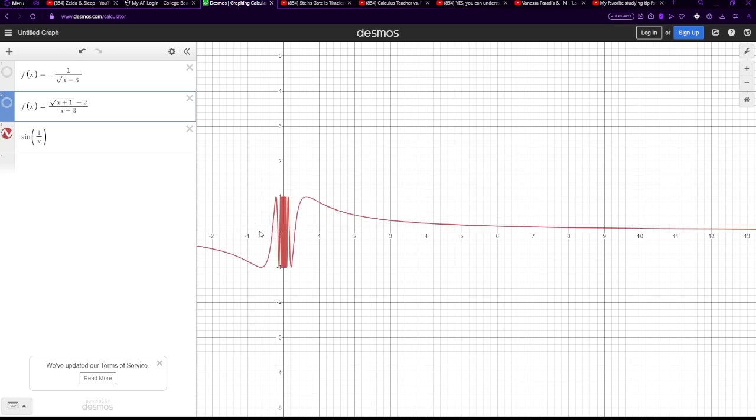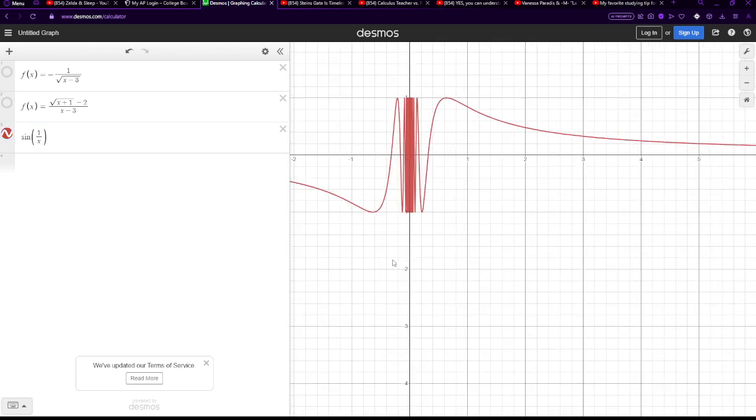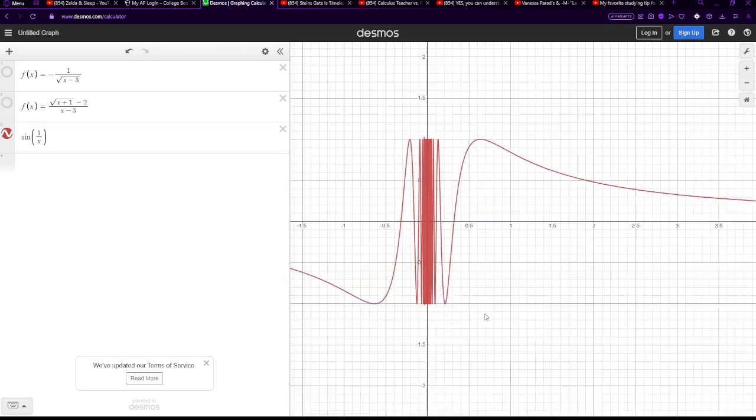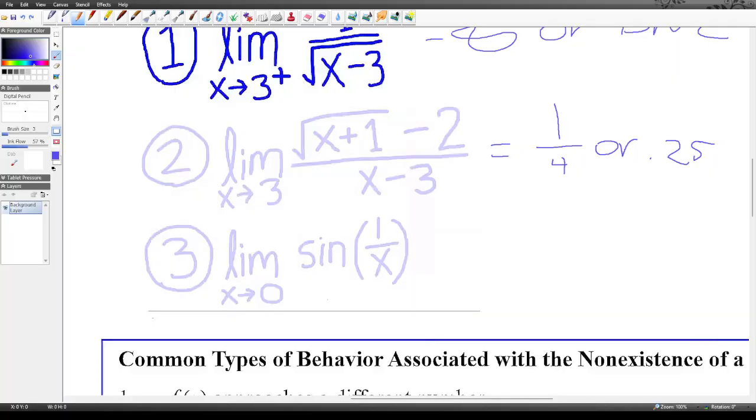Here we have sine. We can see the oscillation occurring. And I did include these at the beginning of the video, and I showed them off.